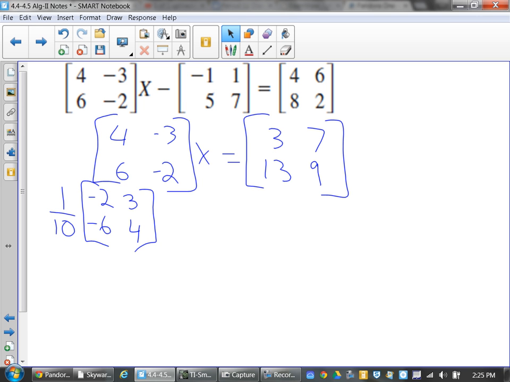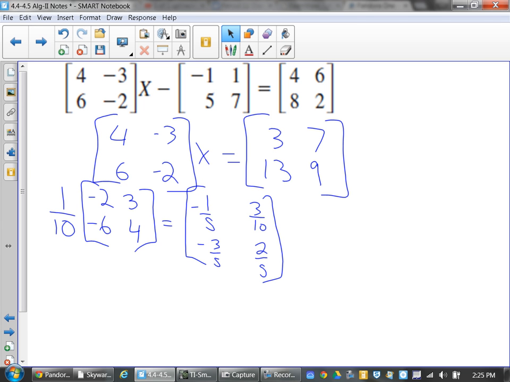And now I just have to distribute. When I distribute this, I'm going to get -1/5, 3/10, -3/5, and 2/5. That is my inverse matrix.